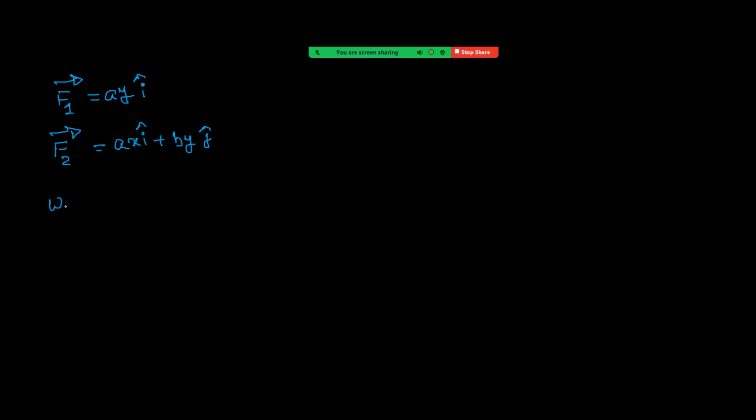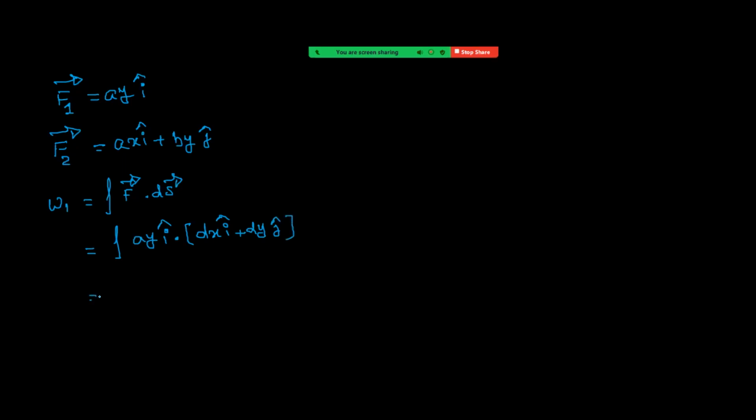Work done by the first force, W1, is the integration of F bar dot ds bar. Now see the calculation: F bar is Ay i cap, dot ds bar, which is dx i cap plus dy j cap.